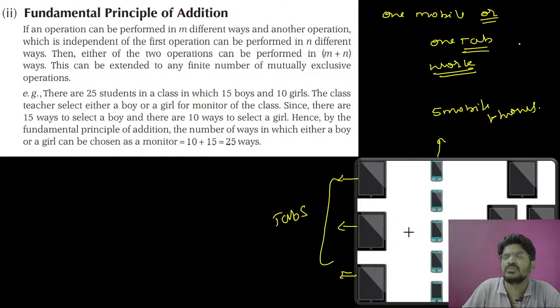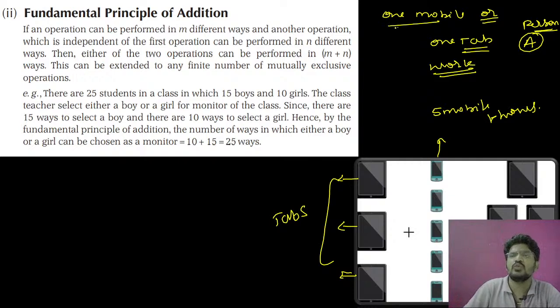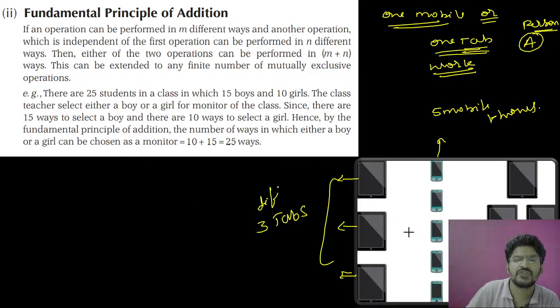Take some person named A. For person A, I have to give one mobile or one tab. So in how many ways can I give? See here, you have 3 different tabs and 5 different mobiles. All 3 tabs are different, all 5 mobiles are different.